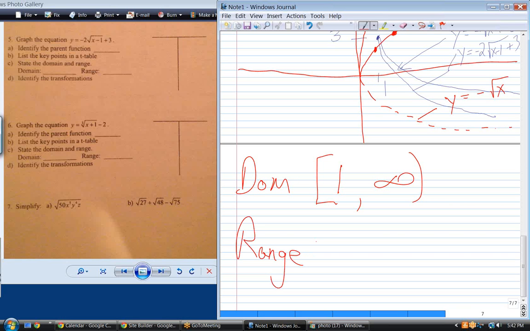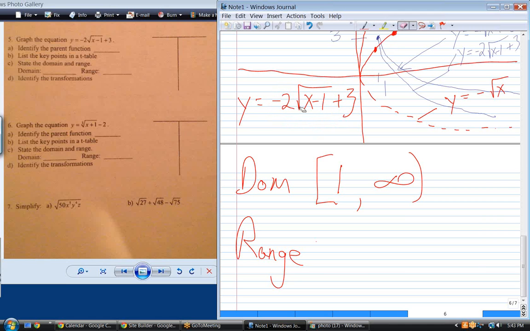All right. Let's write this function up here again. This takes a little bit of out-of-the-box type thinking. Notice that as x gets bigger, what happens to this part of the function? Becomes more negative, it's a higher negative number.